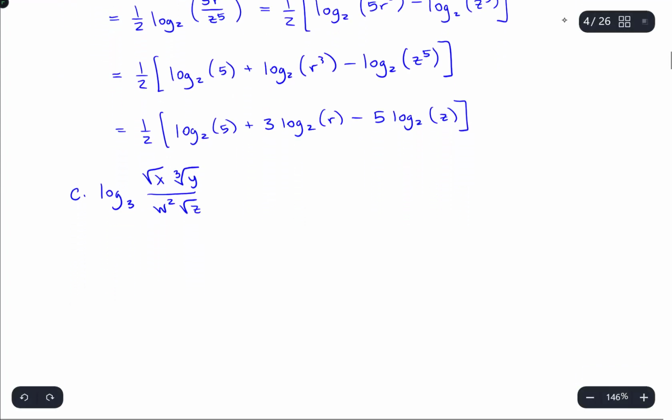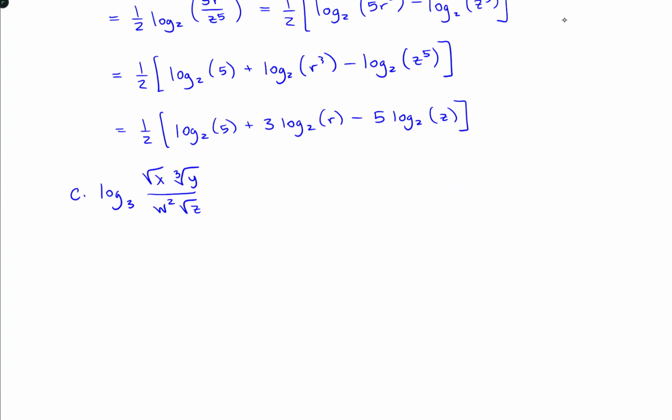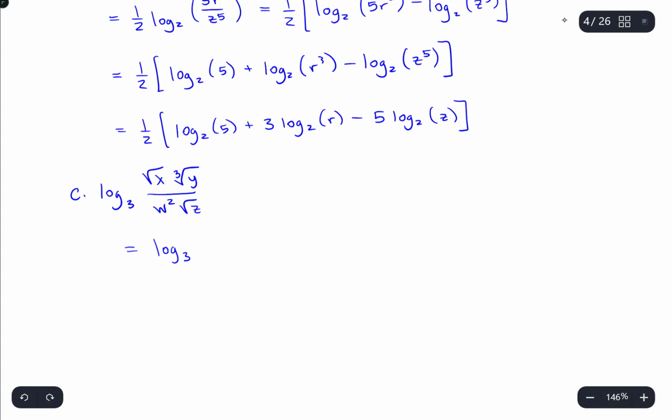Okay, so to break this up, first thing that I notice is this division. So I'm going to start off splitting this up into two logarithms where the logarithms are subtracted, one for the numerator, and I'm going to go ahead and make a change here as well.